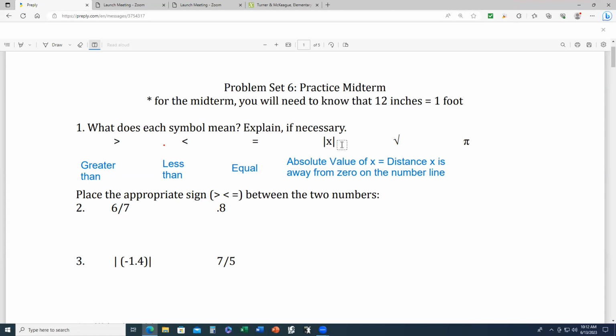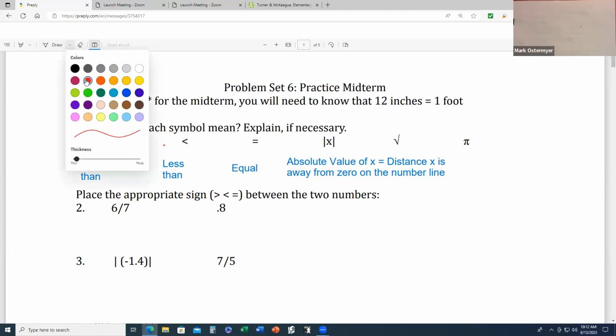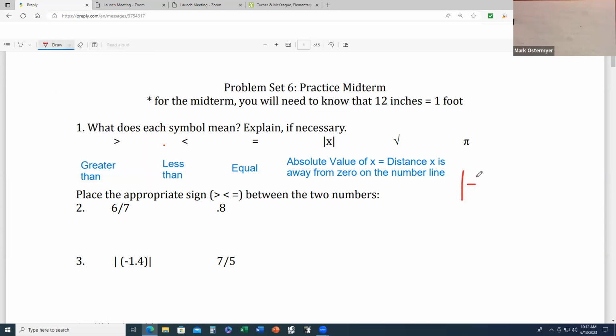If you take the absolute value of 1/2, it is 1/2, because 1/2 is 1/2 unit away from 0 on the number line.